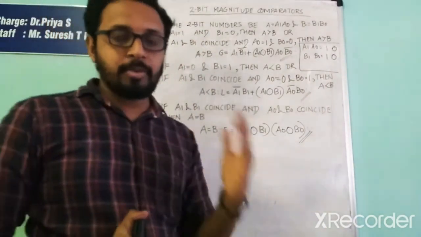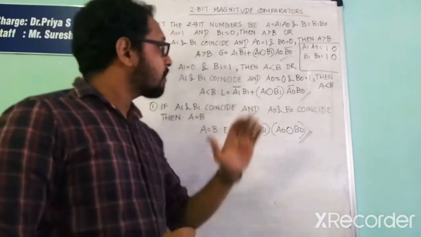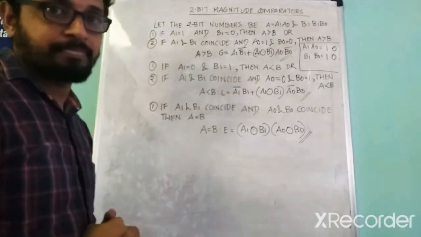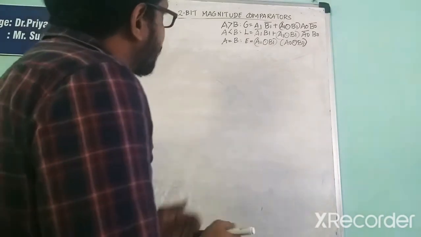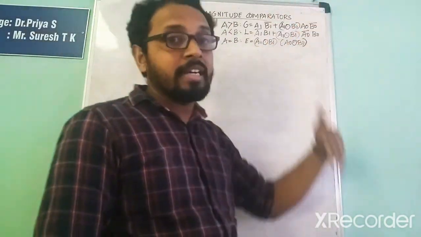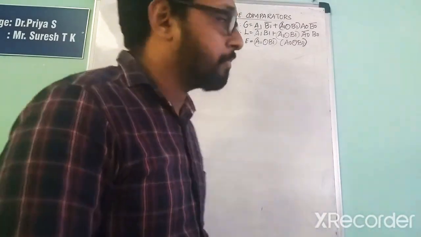Based on these expressions, we have the design. So these are the expressions, please go through them. Next is the design. We have already derived the 3 different cases, and next is about the diagram.